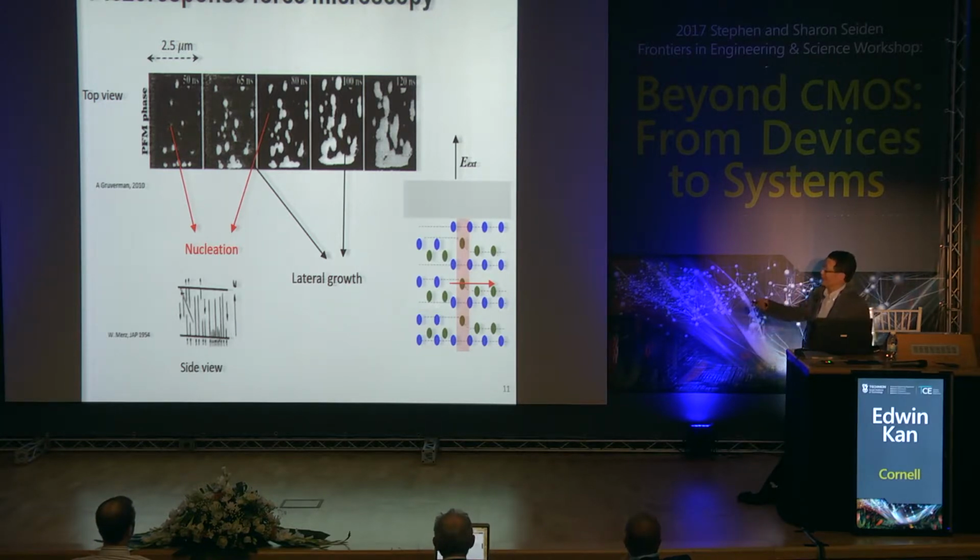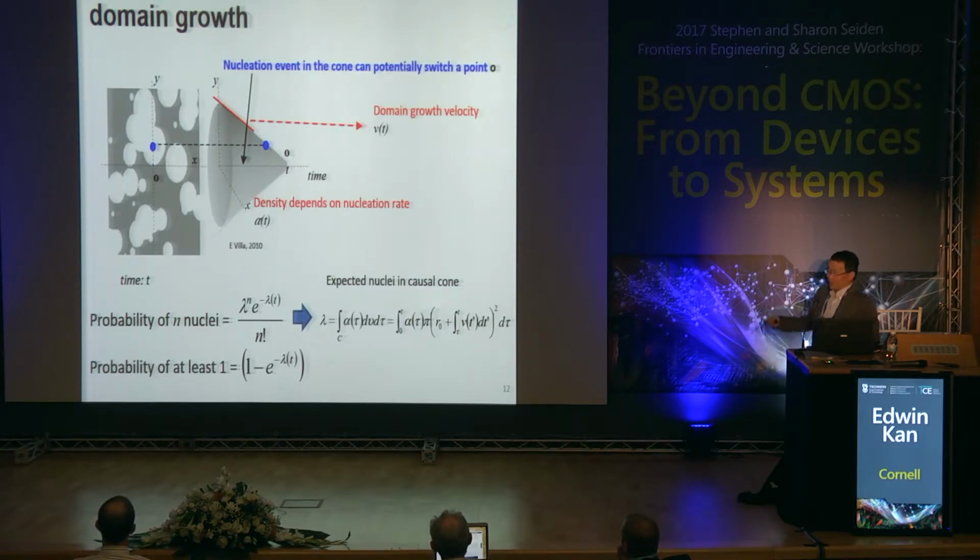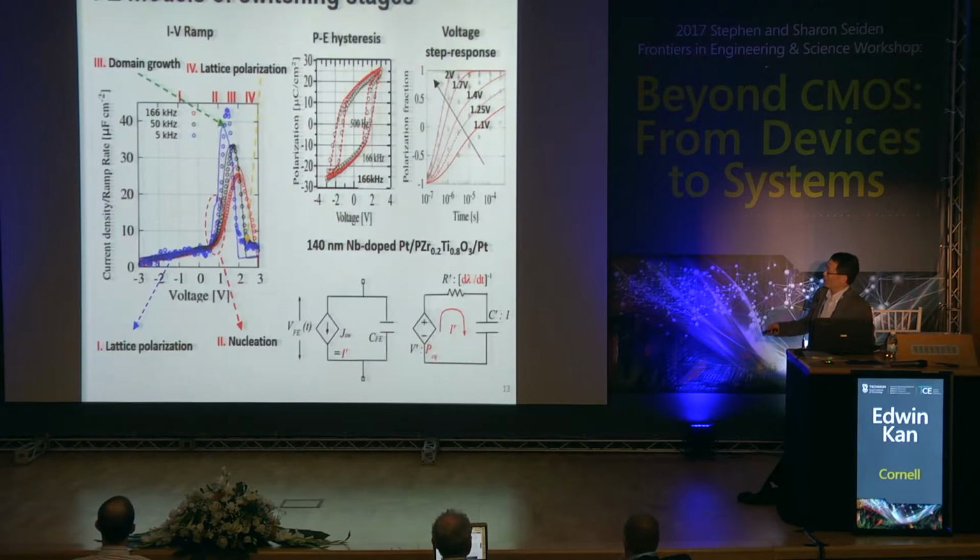So it's very clear how the ferroelectric material switches, starting from nucleation, and then there's lateral growth of your domain switching. Now we can do a simple mathematical model for both the nucleation and how the domain can grow out of the nucleation. I won't explain the math, but this can be captured in the circuit model without a problem.